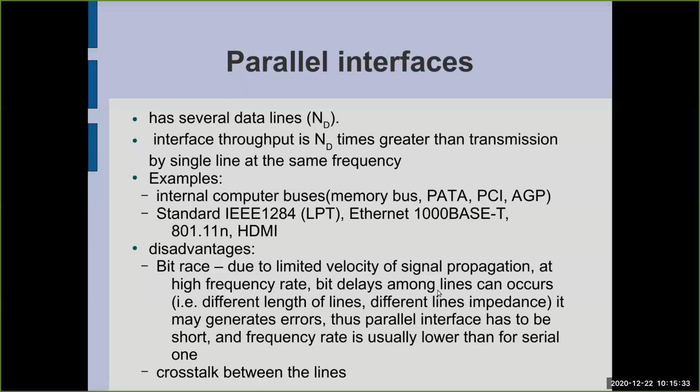So let's say, in theory, if we want an interface of speed 1 gigabit per second, it's enough to have a parallel interface with 8 data lines, whose speed is 8 times lower, so 128 megabits per second.